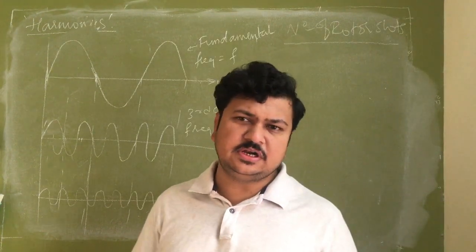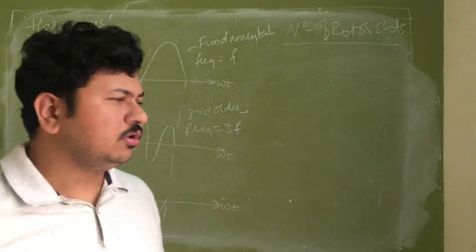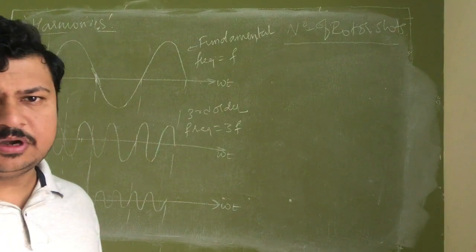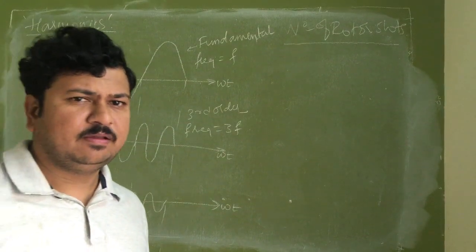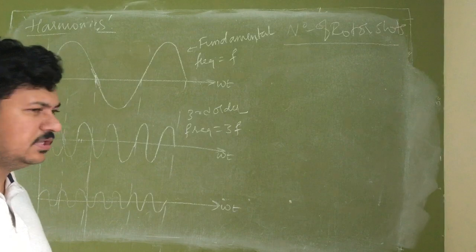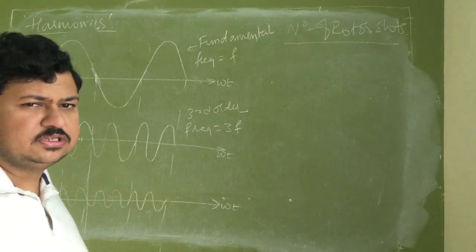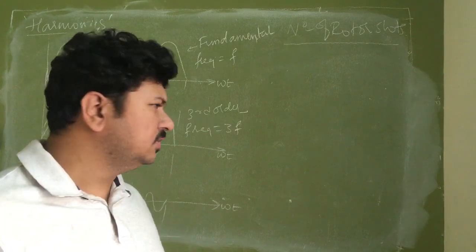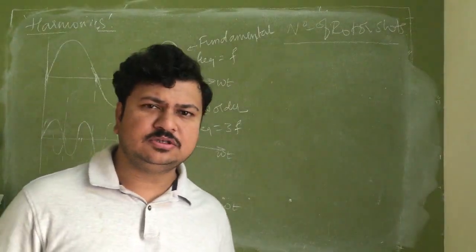It can be because of stator winding if harmonics are there. To avoid this problem from the stator side, we generally go for distributed winding or corded coils. To a large extent, I can reduce the harmonics produced in the stator winding by using distributed and short pitch coils.